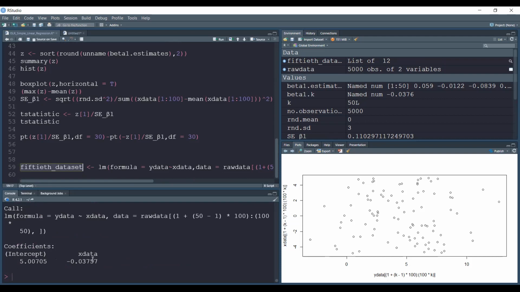This is our intercept, this is our slope, quite close to 0. If I now type summary, 50th data set.